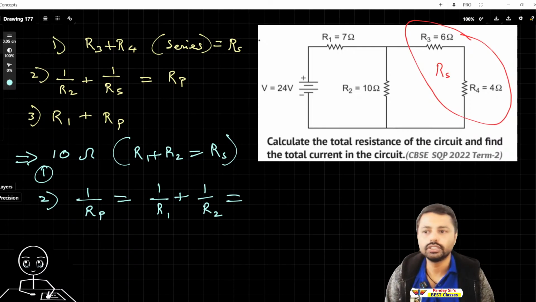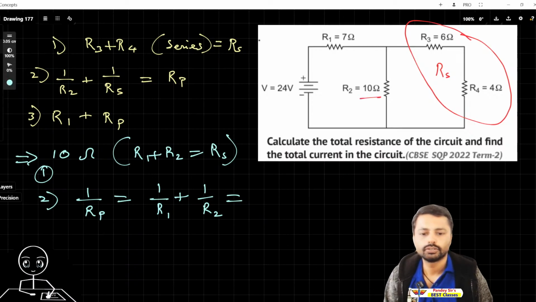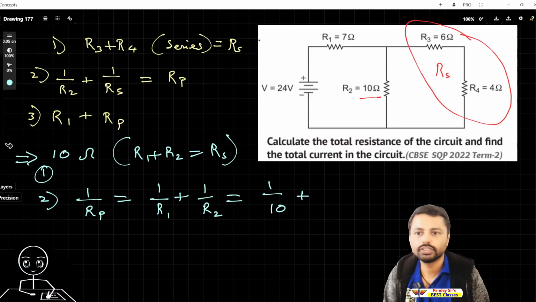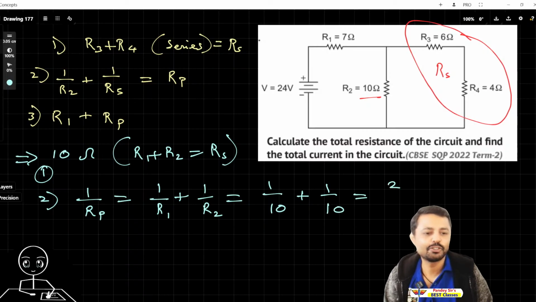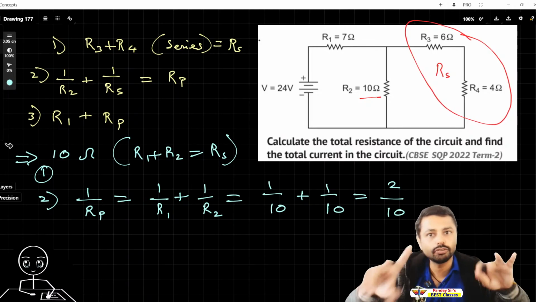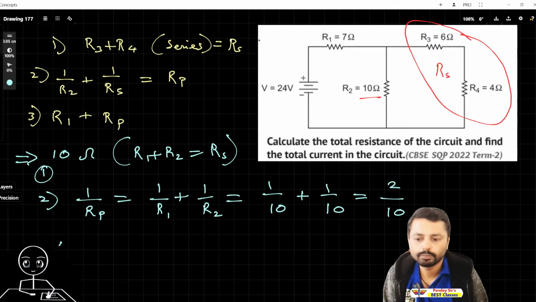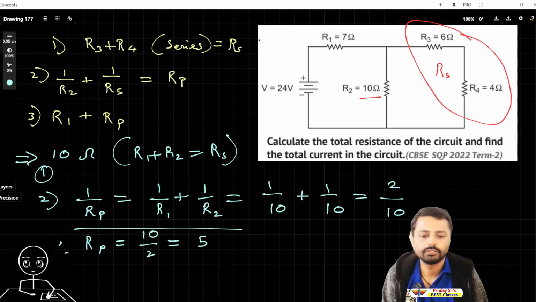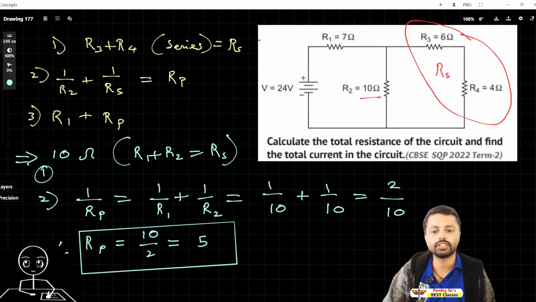R2 is 10. So 1 by 10 plus one more 1 by 10, this one is R of series. So 2 by 10. But as I said, it's a reciprocal, so just flip it, therefore RP equal to 10 by 2, that's 5. We got the RP.